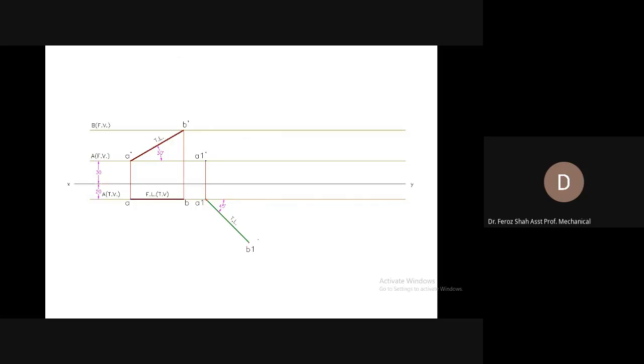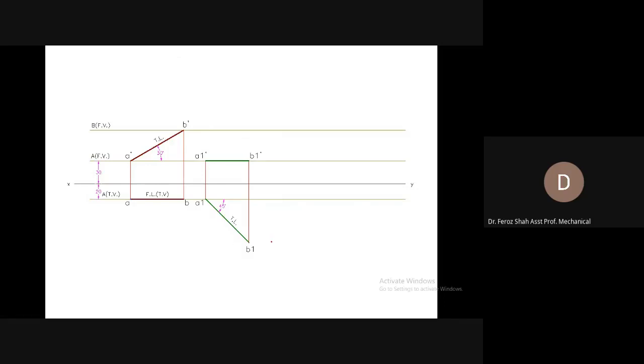Already the front view of this end has been drawn. So for the front view of end B, draw a perpendicular projector. As in this case, we have assumed it only to be inclined to the vertical plane and parallel to the horizontal plane, the front view would be parallel to the XY reference line, and the end B front view would come at this position.